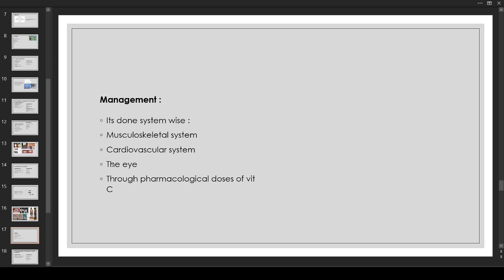In the cardiovascular system, the aortic root size should be measured by echocardiogram at the time of diagnosis and by the age of 5 years. The eye: routine ophthalmological examination for the management of myopia and early detection of retinal detachment and glaucoma. And pharmacological doses of vitamin C, which is a cofactor of lysyl hydroxylase, may help in this situation a bit.